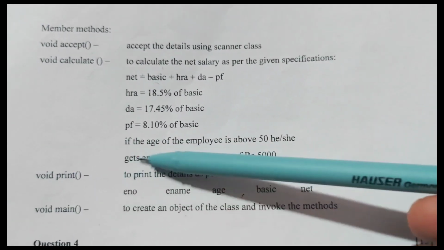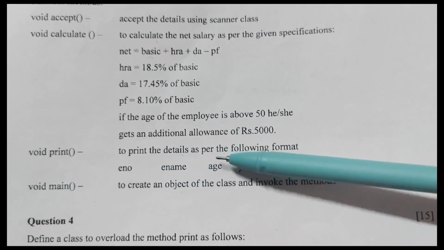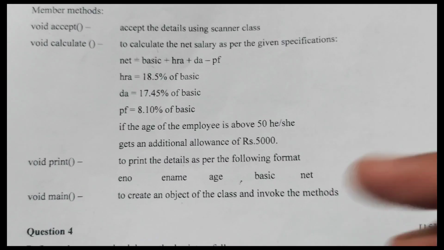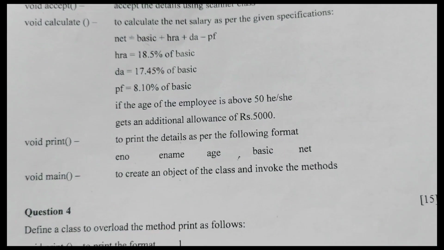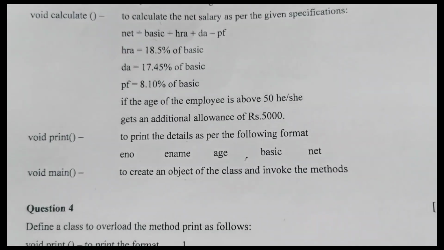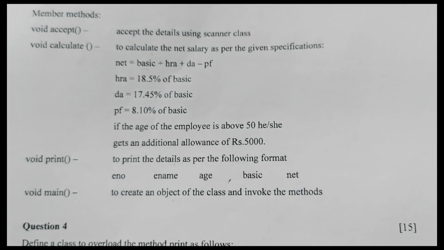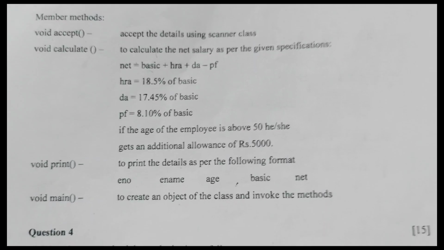Then void print, just see that there is space between them. So you also invoke the methods by applying some spaces. To be specific, use \t for giving space in the program. Do not forget to write semicolon, flower brackets, etc.